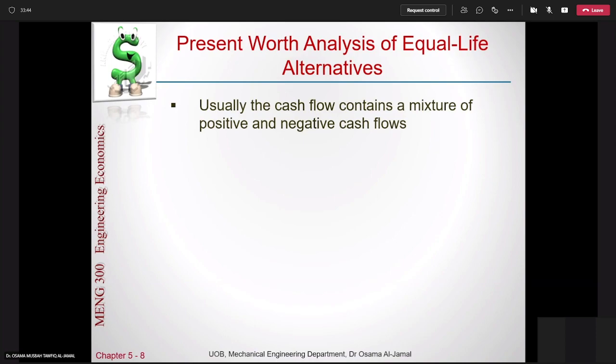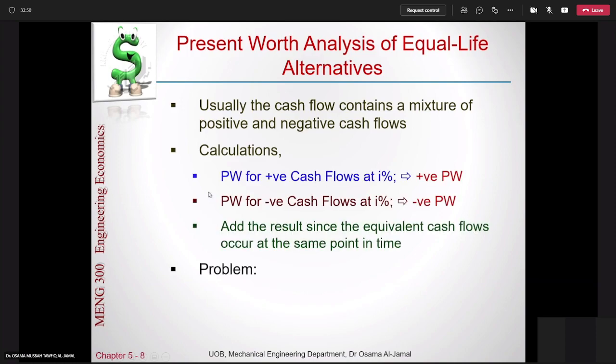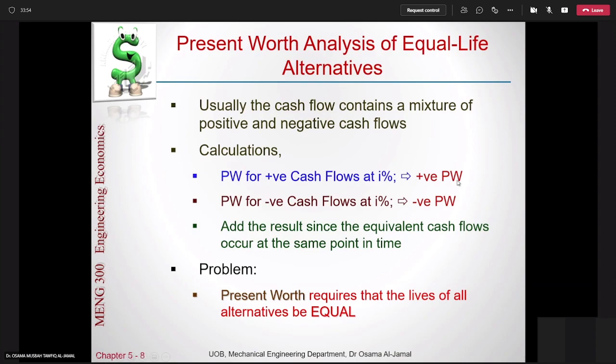Let's continue here now. So in calculation, present worth for positive cash flows at i will give us positive present worth, upward. Present worth for negative cash flows at i will give us negative present worth. So what to do with them? Just add those two together. If the resultant comes out positive, we are going to put it as positive.